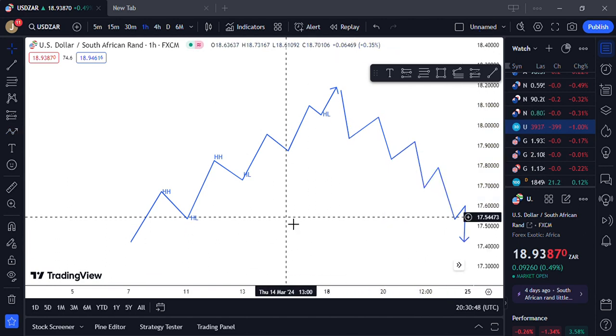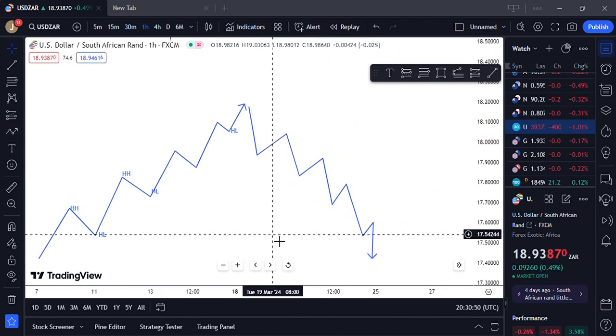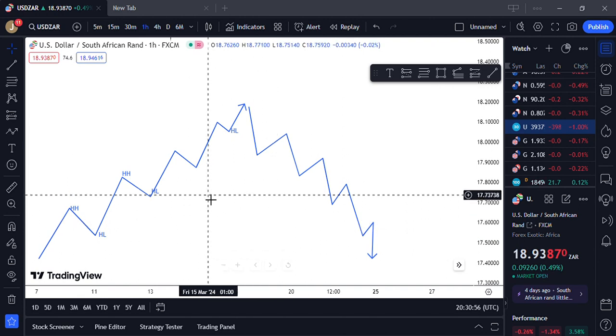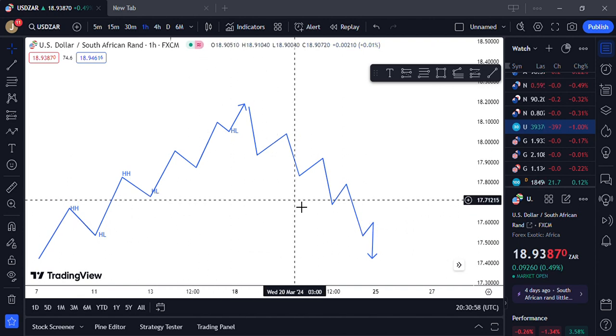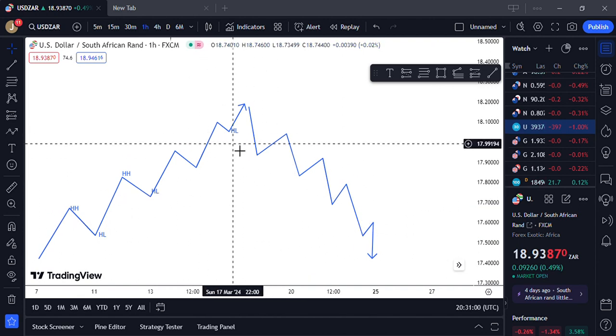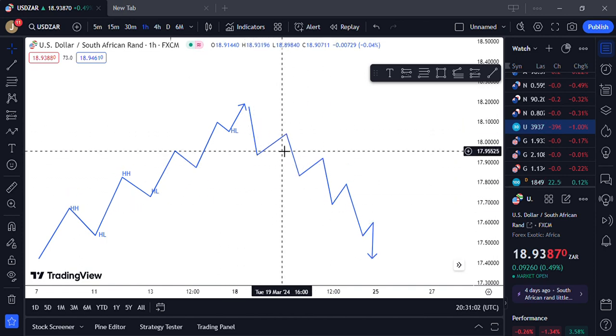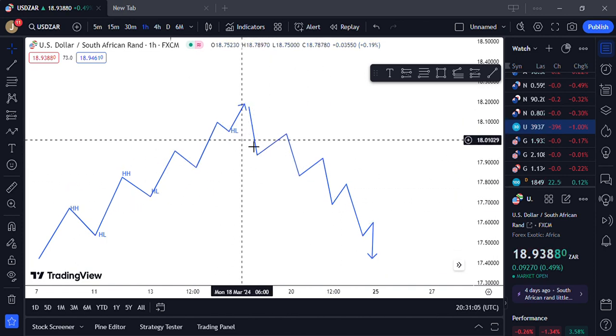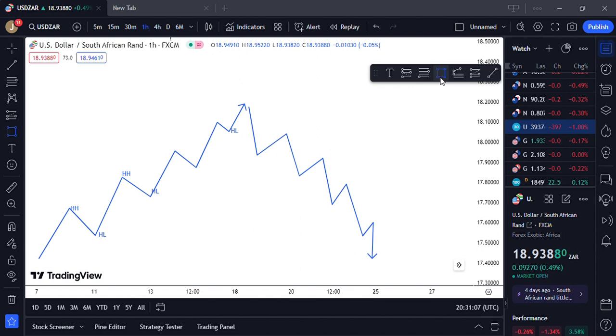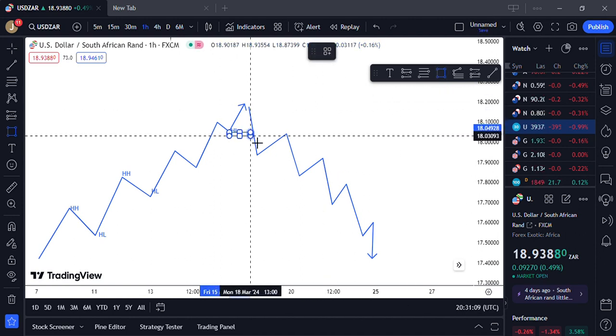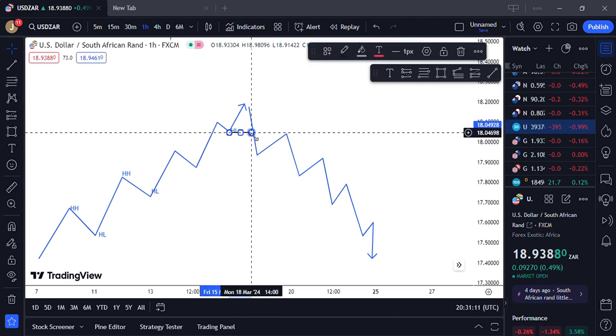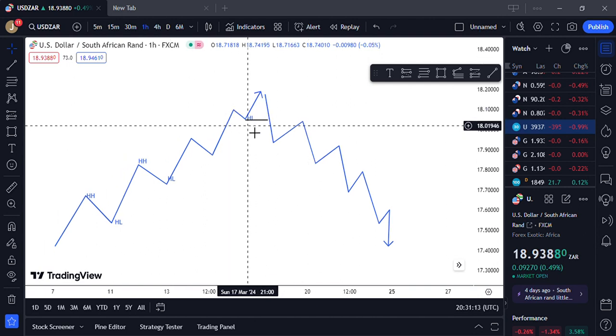Sorry, I know it's going to make a lot of noise. When price starts doing this, when it passes this higher low here, you see this higher low here.